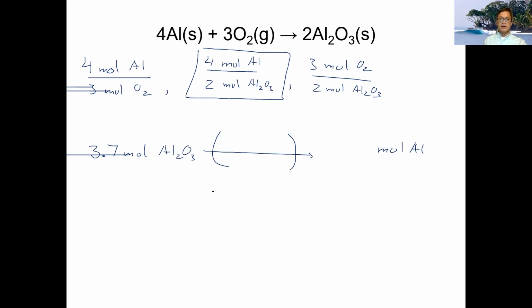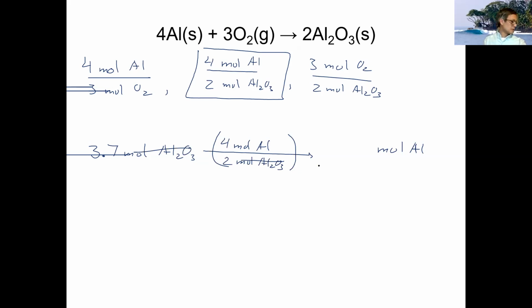Finally, do we plug it in as 4/2 or 2/4? Well, we want to plug it in such a way where moles of aluminum oxide cancels out. So if we plug it in as 4/2, then the moles of aluminum oxide will cancel out here, and we're left with moles of aluminum on both sides of the arrow. And so our conversion so far is correct.